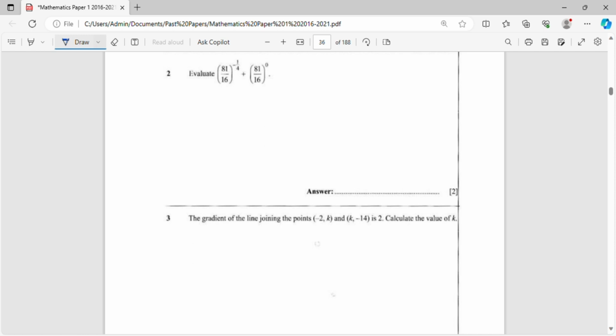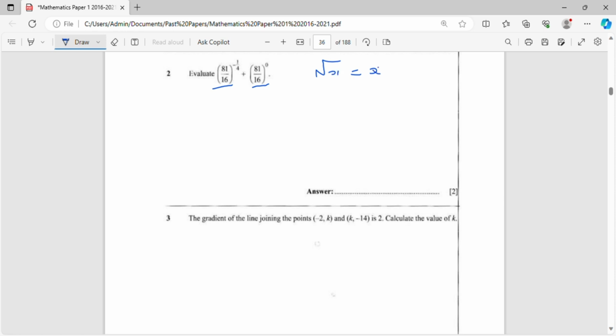So it says 81 over 16 in brackets to the power negative 1 over 4 plus 81 over 16 in brackets to the power 0. So we all know that a square root is the same as raising any number or variable to the power of 1 over 2, half.